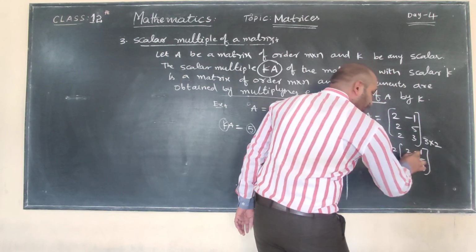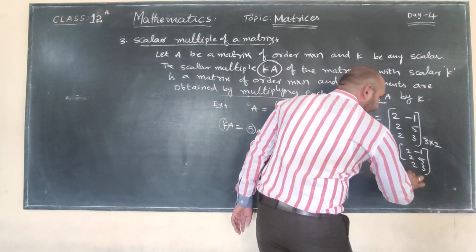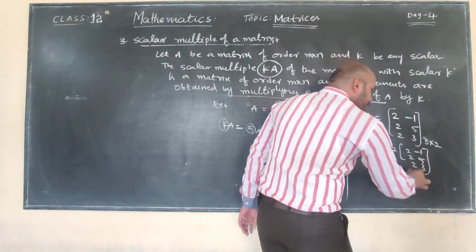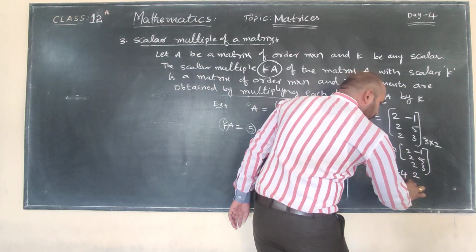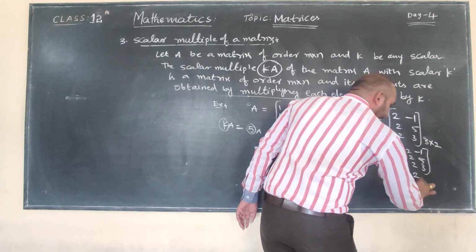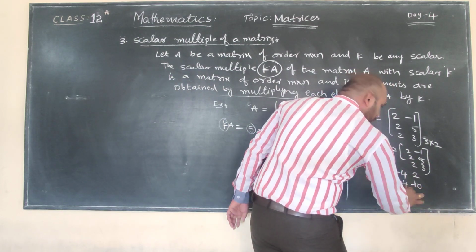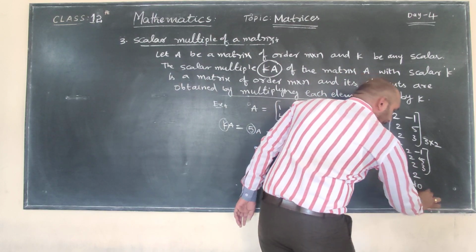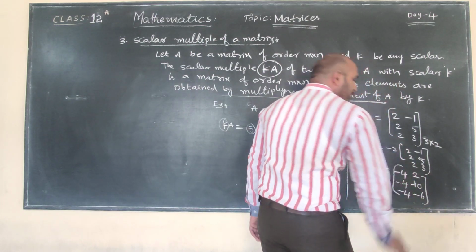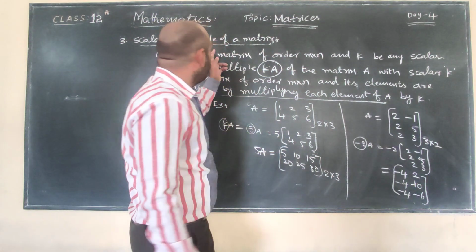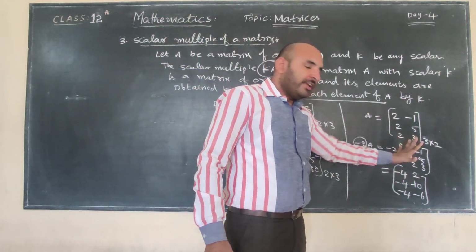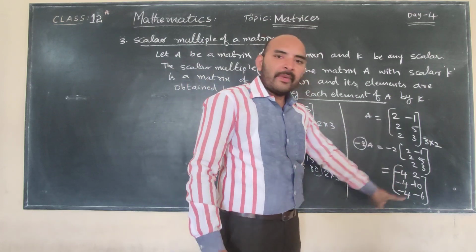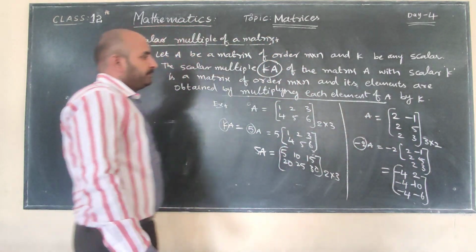It is equal to minus 2 into 2, minus 4; minus 2 into minus 1, minus into minus is plus 2; minus 2 into 2, minus 4; minus 2 into 5, minus 10; minus 2 into 2, minus 4; minus 2 into 3, minus 6. So what is the definition of scalar multiple of a given matrix? Multiply each term by the scalar, each and every element, not only a single element; all the elements are multiplied with the scalar.